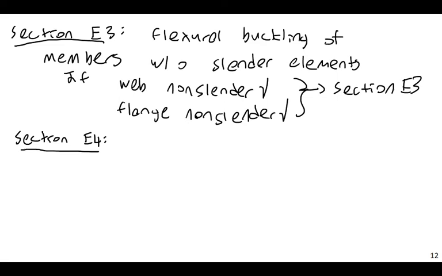Let's read the verbiage. This section applies to singly symmetric and unsymmetric members, certain doubly symmetric members, such as cruciform or built-up members, and doubly symmetric members when the torsional unbraced length exceeds the lateral unbraced length, all without slender elements. These provisions also apply to single angles with B over T greater than 0.71 times the square root of E over Fy, etc.